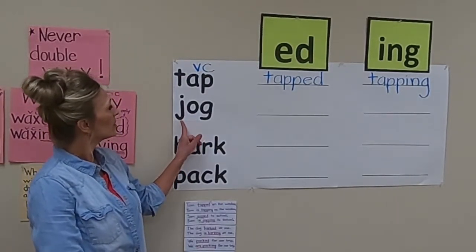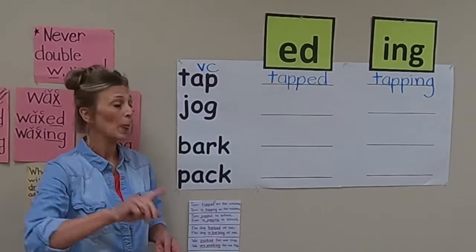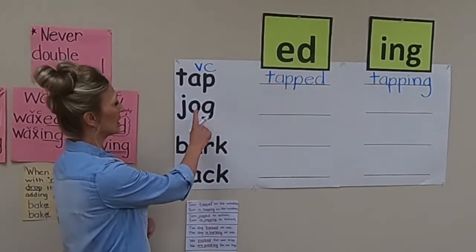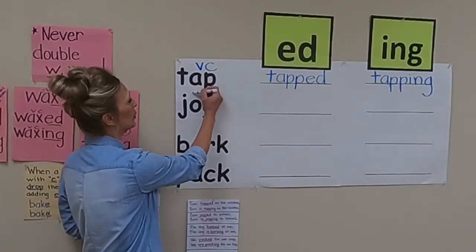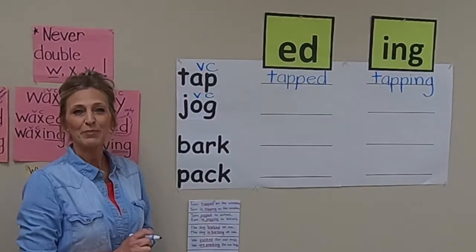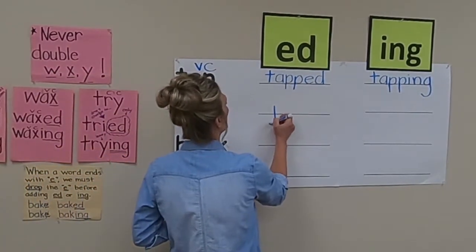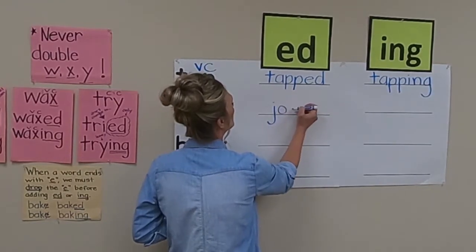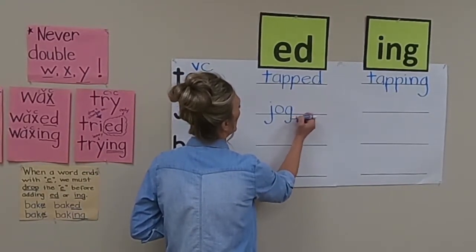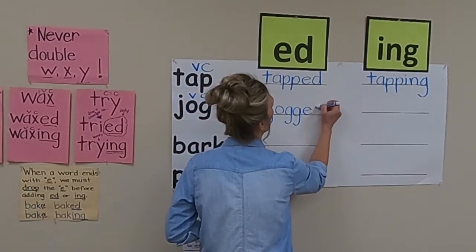Let's look at our word, jog. J-og, jog. Look at the last two letters. It ends with an O-G. O is a vowel and G is a consonant. That means I'm going to double the last letter. Write the root word, jog, and double that G and add ed.